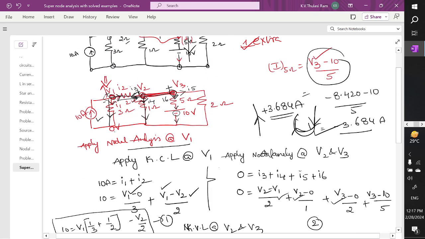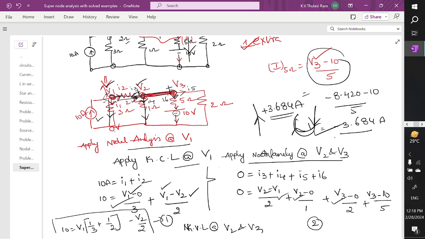So first apply nodal analysis at V1, and apply nodal analysis at V2. The combined nodal analysis you have to apply at V2 and V3. So apply nodal analysis at V2 and V3, and apply nodal analysis at V1, then you'll get equation 1 and equation 2. You had already shorted this.